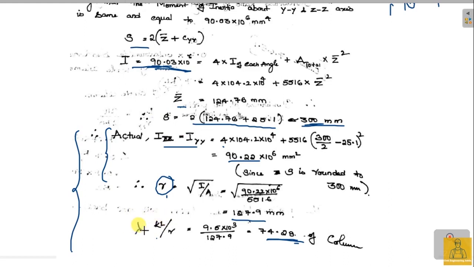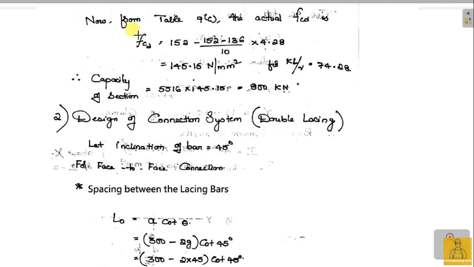Since you know this lambda and Fy, you can find out the FCD of the entire section once again. So I calculated FCD for this section once again, because this lambda is revised, right? Even though it is a little bit, in decimals, just revise that. So FCD is 145.15 Newton per mm square.